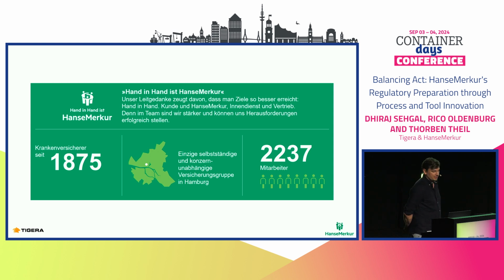At the moment, we are about 2,400 employees in 2024, about 200 of them in the IT, and 60 of this 200 are in the IT infrastructure department, where Torben and I are from, as we mentioned earlier, the team Cloud Services.